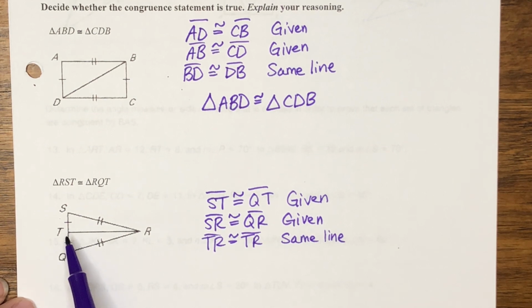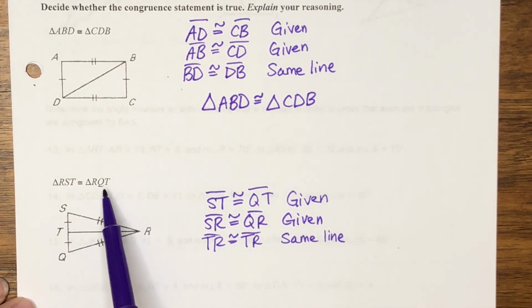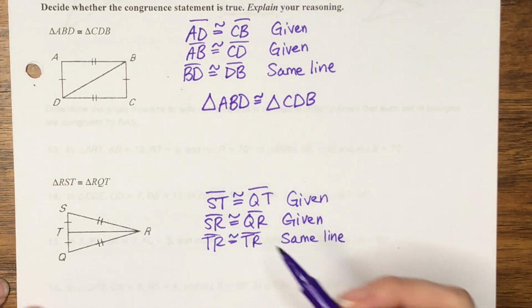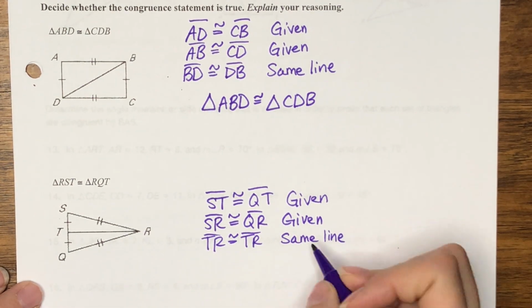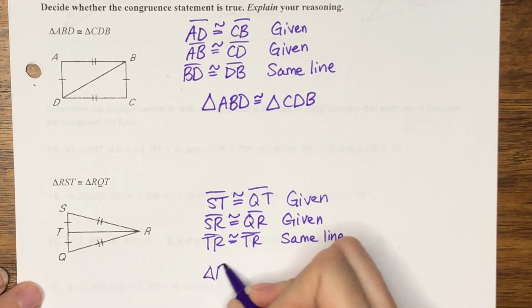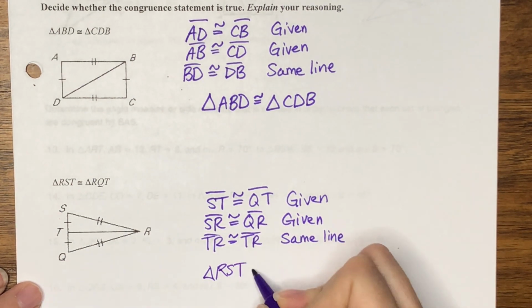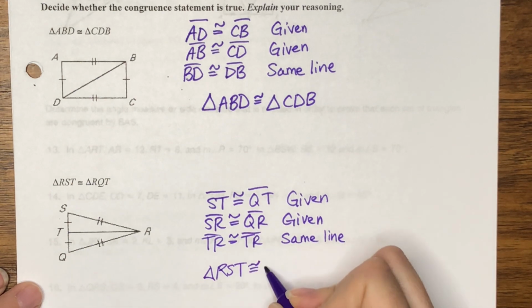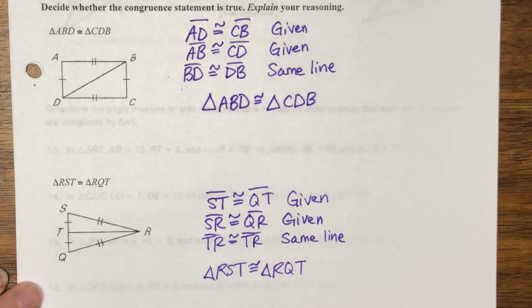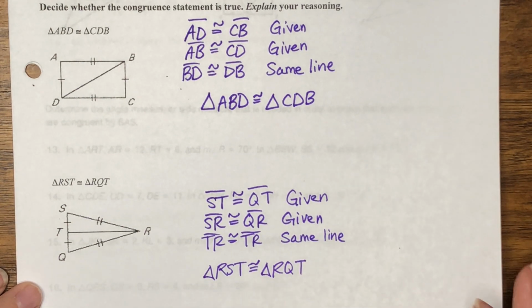You have TR and TR in the same positions in your congruent statement. So since those things are true, and we have shown that all three sides are congruent, we can go ahead and say now that these two triangles are congruent.